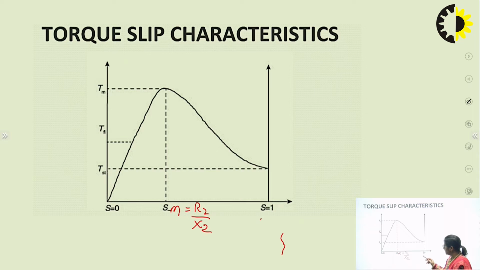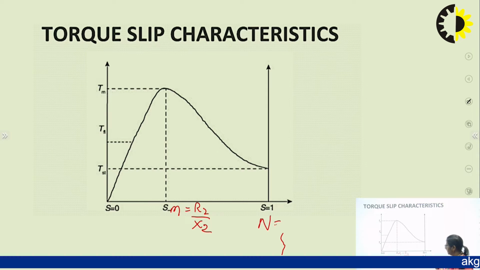So what should be the speed here? This is the starting, so N is equal to 0. This is some N at which we are getting the maximum torque. And this is where N is such that slip would be 0, which is not a possible condition for an induction motor.